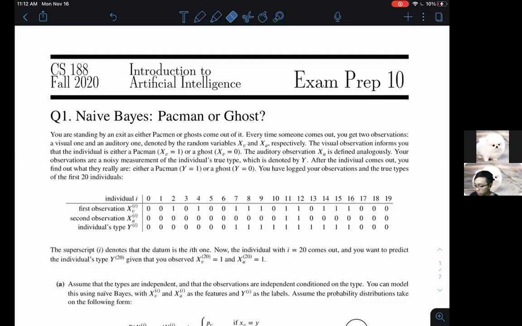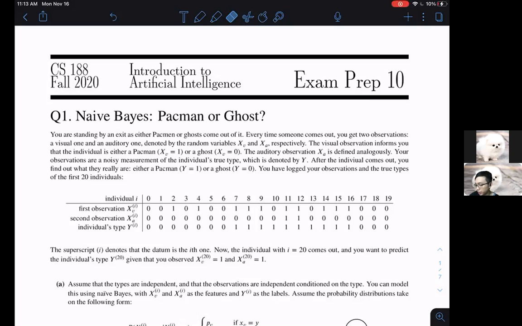So in question 1, we are given a problem where we are standing at an exit and either Pac-Man or ghosts come out of it. Every time someone comes out, we get some sort of observation cue, either visual, where we see them, or auditory, where we hear them.